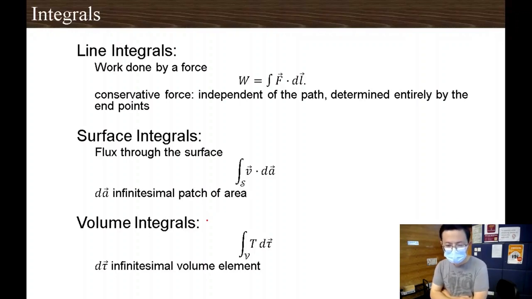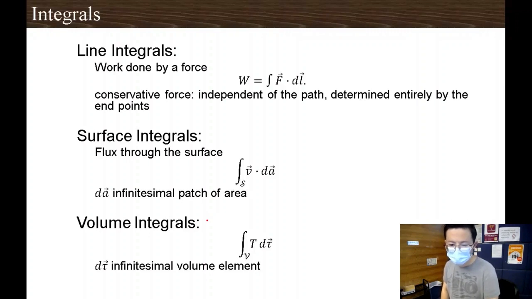And in that case, F will be a gradient of a function. So regardless of the path you take, the work will only be determined by these endpoints. And I will give you an example of this later. For now, let's take a brief look at the surface and the volume integral. These two are really the extension of this line integral.